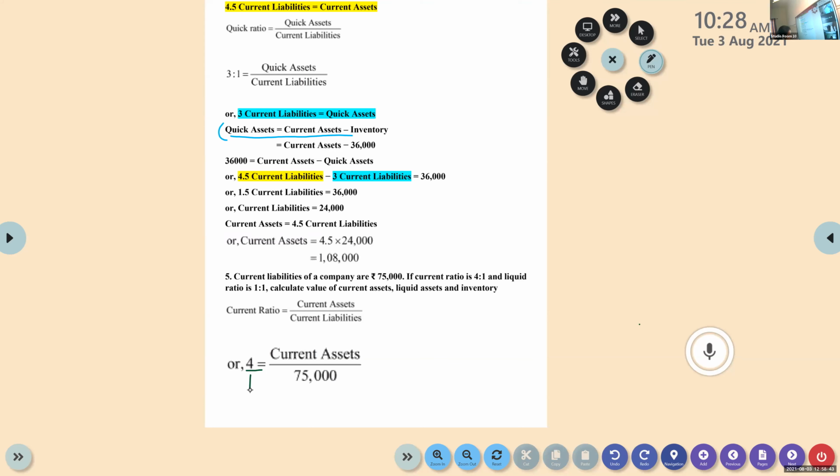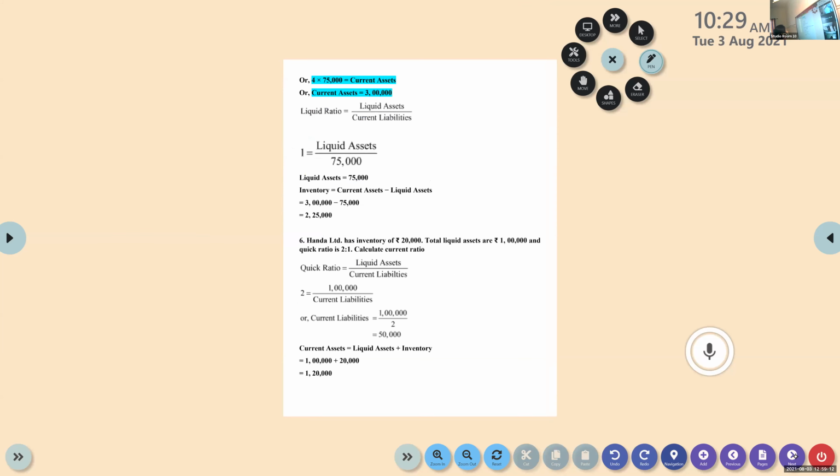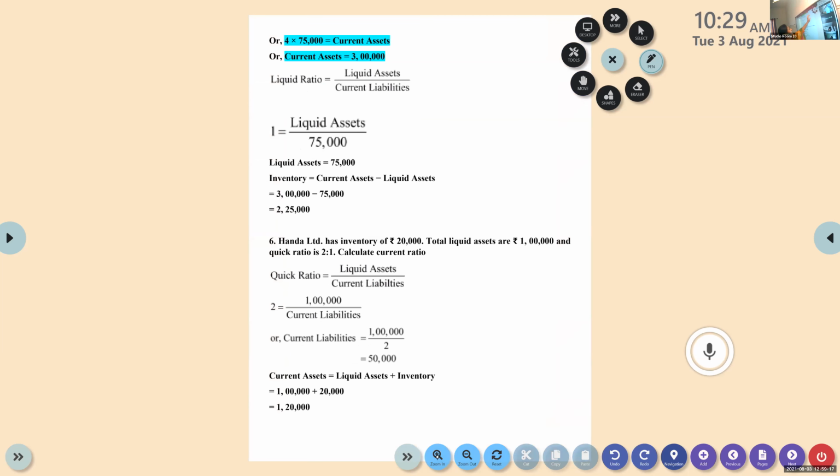Current asset is equal to 75,000 into 4. So current assets, you get 3 lakhs. Current asset is equal to 3 lakh.